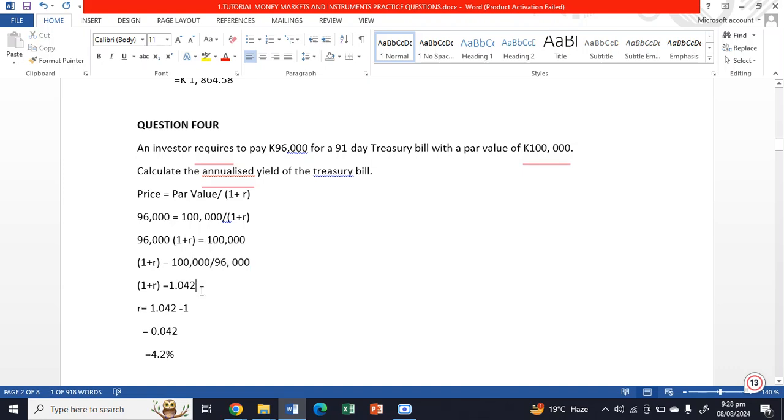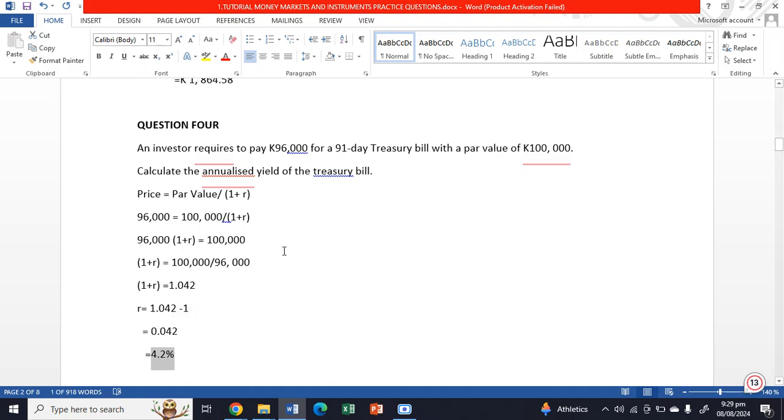You get 1.042. So to get the value of R, you just take this 1 over the equal sign. So R is going to be 1.042 minus 1, and we get 0.042. If we multiply it by 100, we're going to get 4.2%.